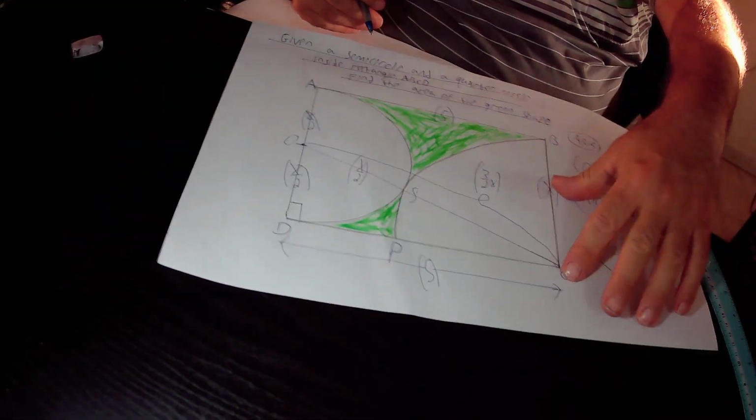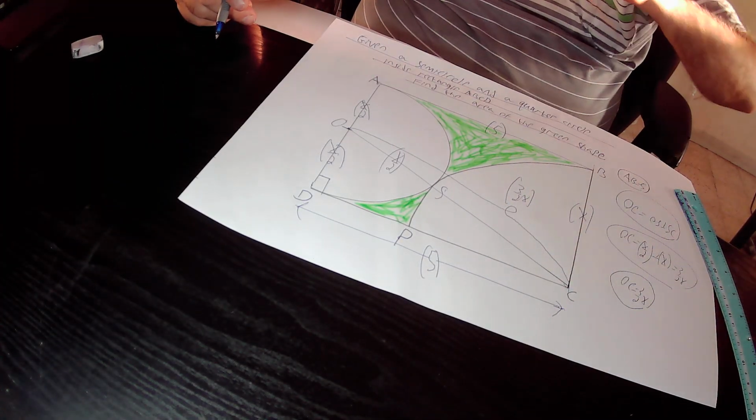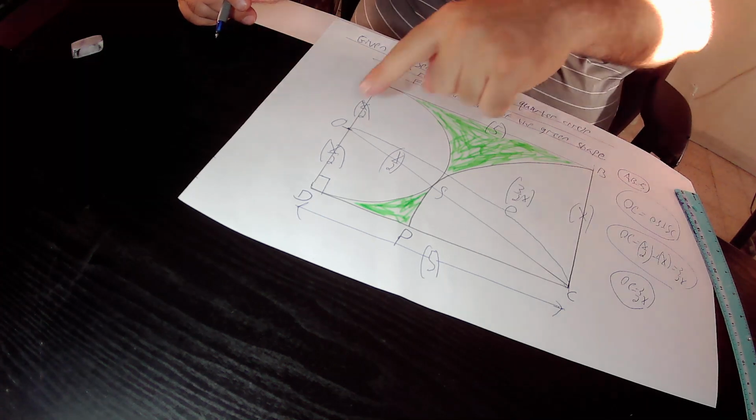In the next step, I'll copy the right triangle ODC in a new page and apply the Pythagoras theorem with this right triangle ODC.